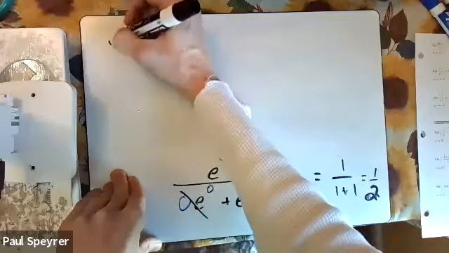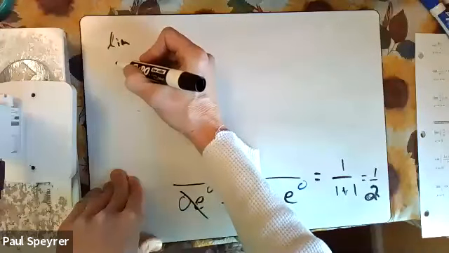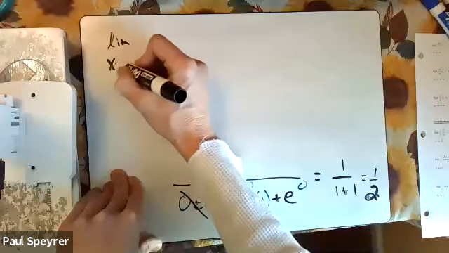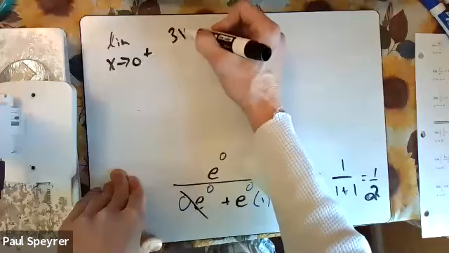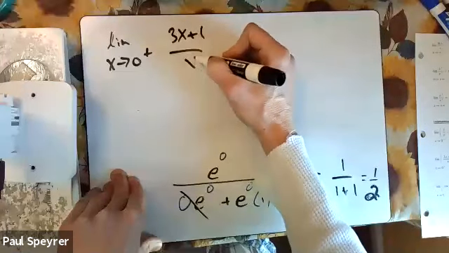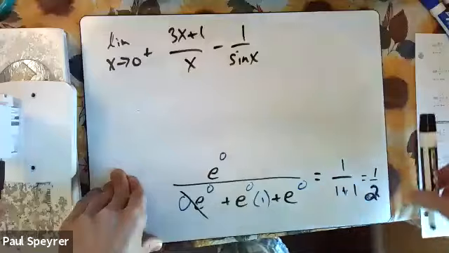What if we have the limit as, sure, x approaches 0 from the right of 3x plus 1 over x minus 1 over sine of x.